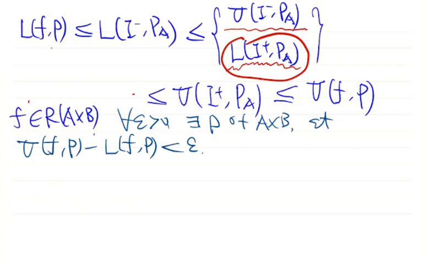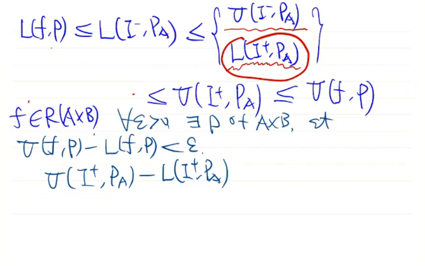Therefore, for the corresponding PA, by the above inequality, we obtain I plus PA minus L I plus PA, because these two numbers are here. One is the red circle one, the other is this term.